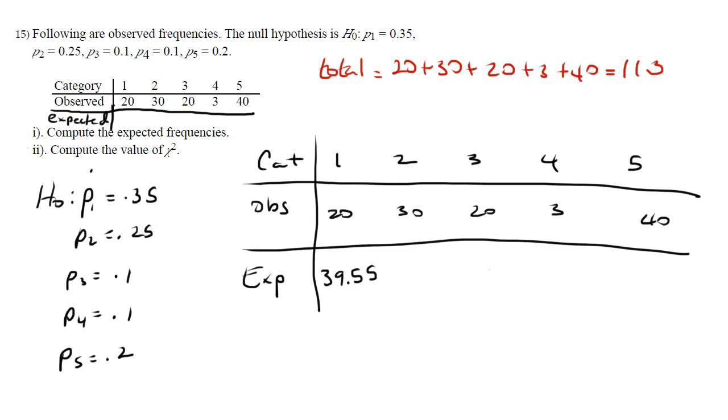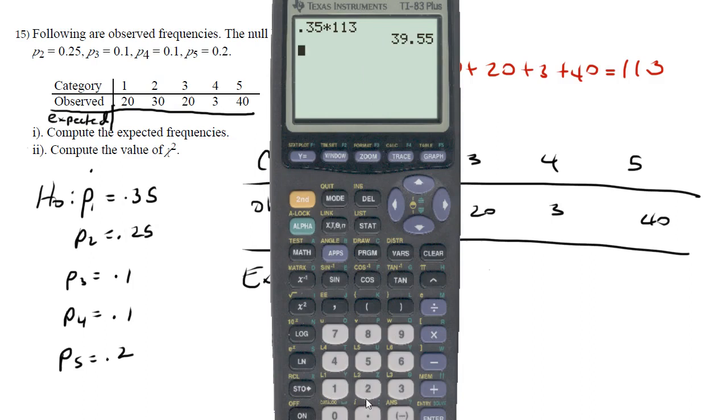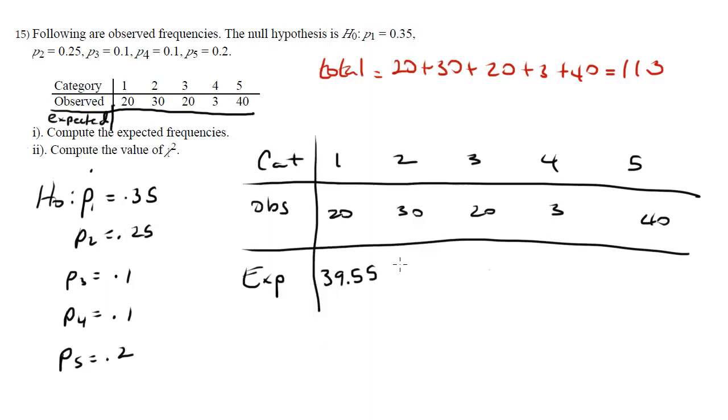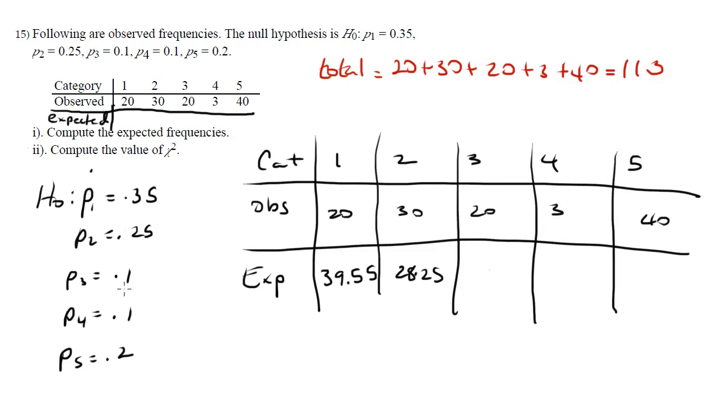Category 2, what do we expect? We expect 25%, 0.25 of 113. That's 28.25. Maybe I should put some vertical segments here. Category 3, we expect 10% of 113.